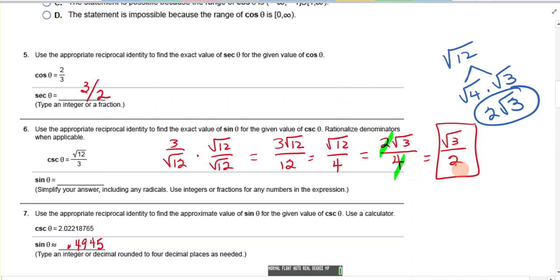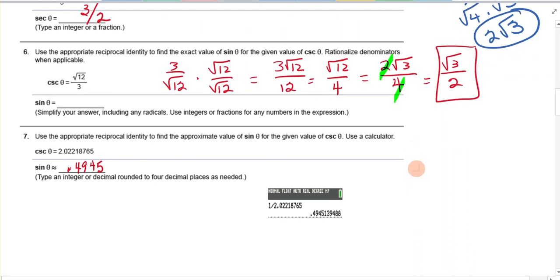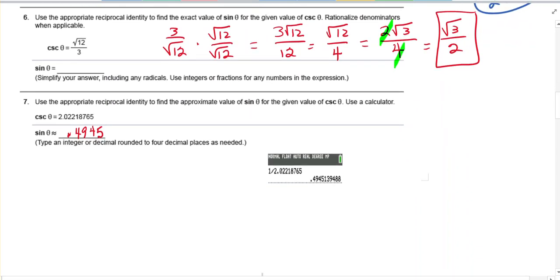So we have square root of 3 over 2 would be our answer. Okay. Number 7, if cosecant is 2.0221875, what is sine? And so you can just do 1 divided by that number in your calculator, and you get the correct answer. It says round to 4 places.